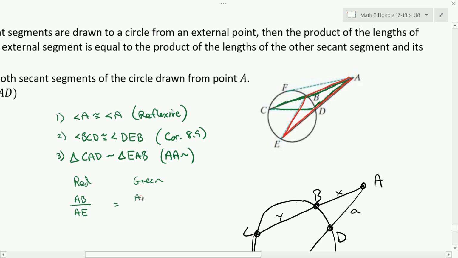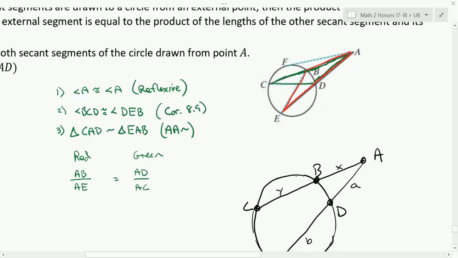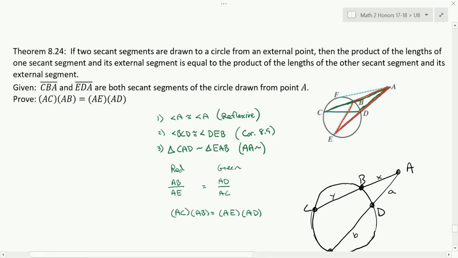AD over AC. And so now if I cross multiply, I get AC times AB is AE times AD. Is that what we were trying to prove? Yep. Proof done. Okay.